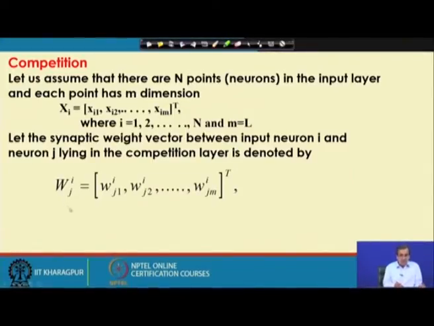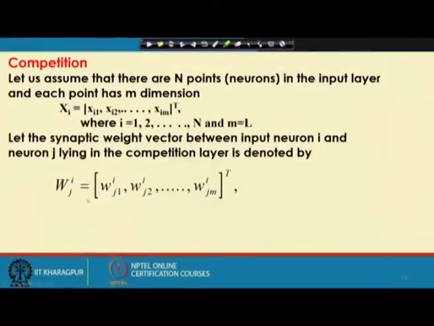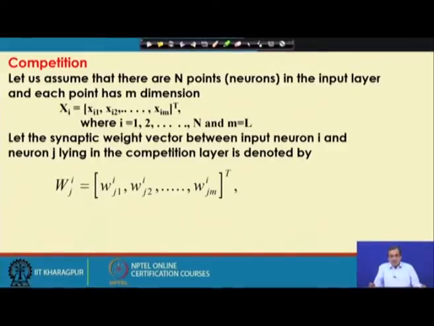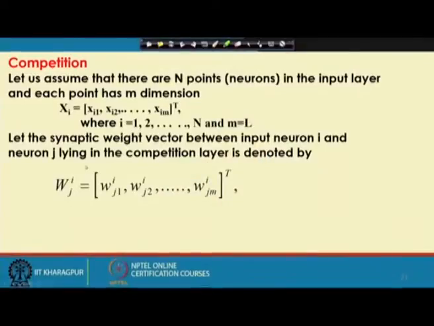So, initially we do not know where the j is. So, we generate Wji, that is the connecting weight between the input neuron i and the data point j, which is lying on the competition layer, and we generate a large number of connecting weights. So, what is the number? Generally, if there are 1000 data points to be mapped corresponding to a particular data point, we generate 1000 such connecting weights, that is Wji.